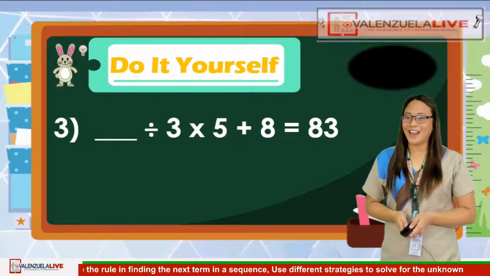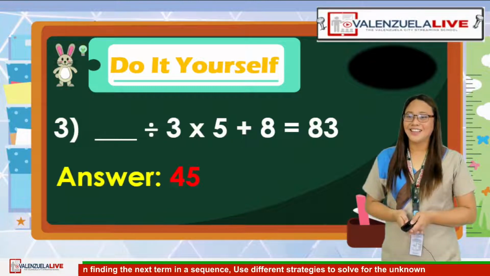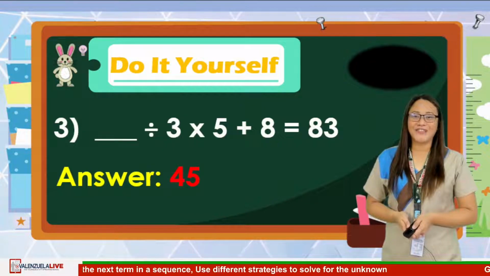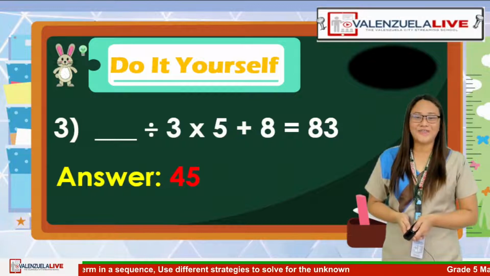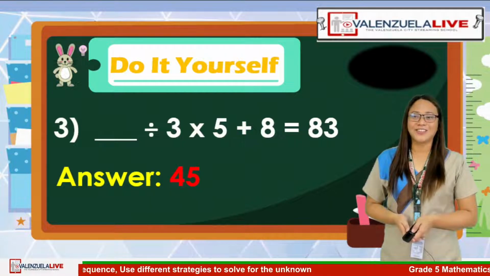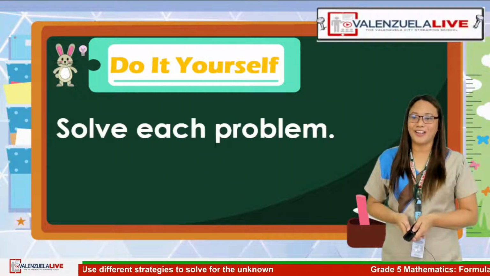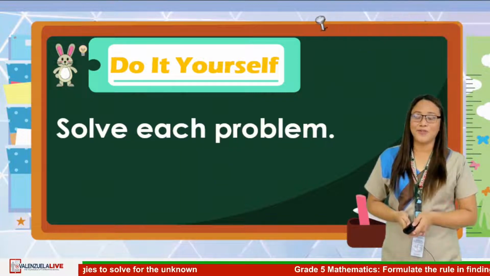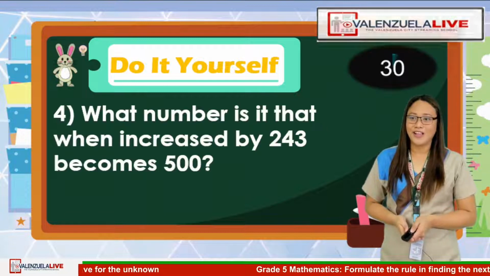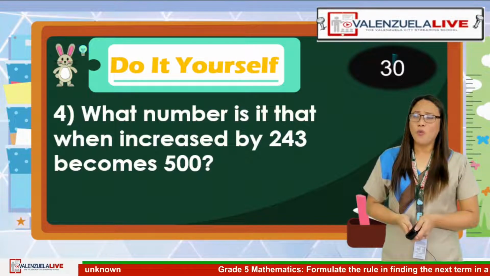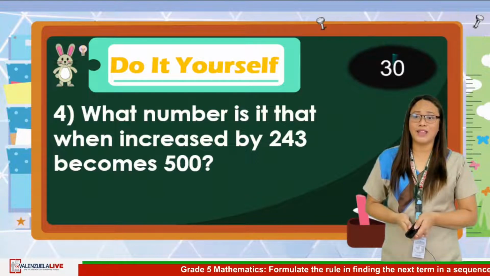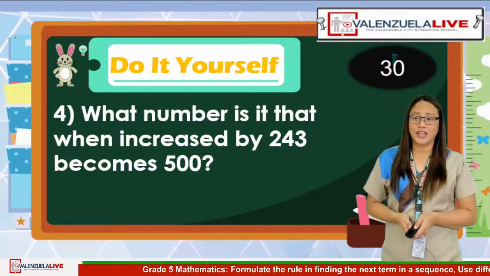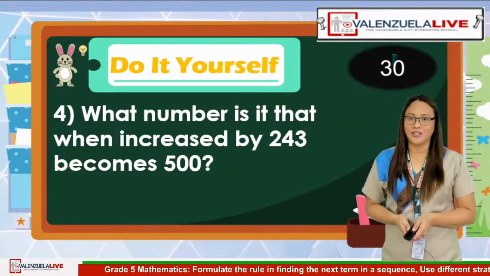Okay, so the correct answer is very good. It's 45. Excellent, grade 5 mathletes. Now let's continue with number 4. So before that, for number 4, we have to solve each problem. Okay. The problem for number 4 is what number is it that when increased by 243 becomes 500?